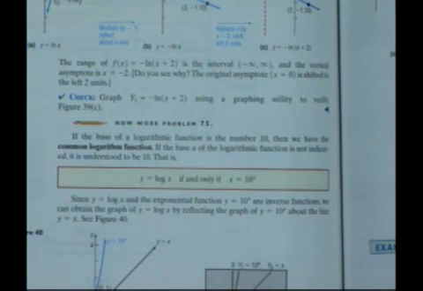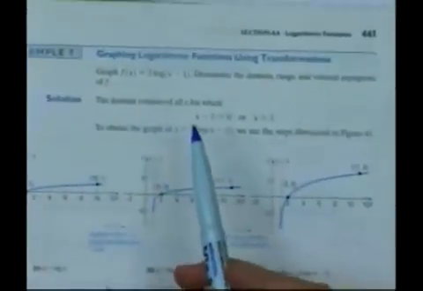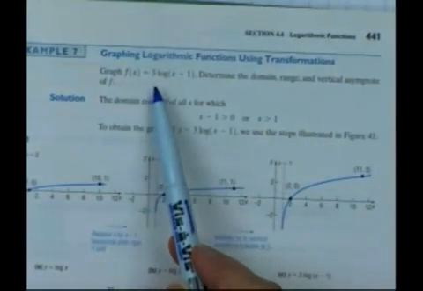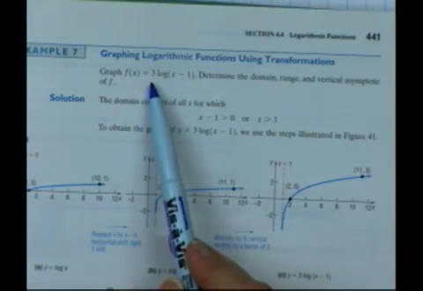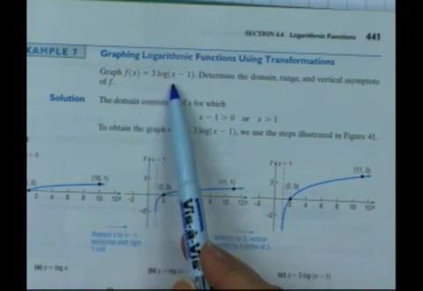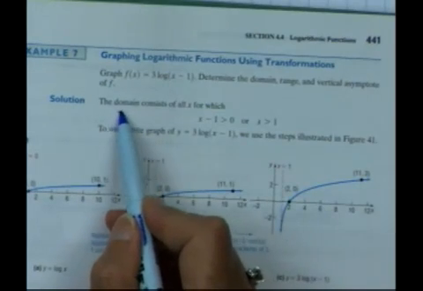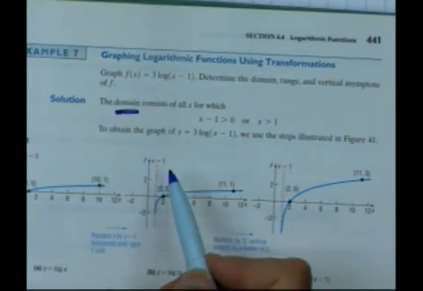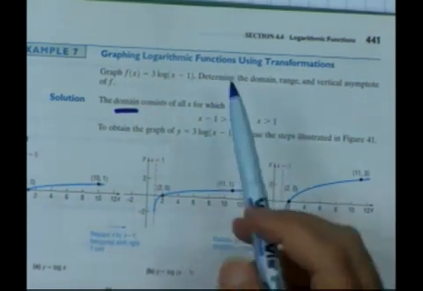Okay? If you look on the top of page 441, that example, y equals 3 log(x minus 1), you know that is a vertical stretch by a factor of 3. And you know that it's a horizontal shift to the right of 1. Notice that when they get ready to graph, the very first thing they're going to look at is the domain. That helps you know right away where you're going to put your asymptote and start.